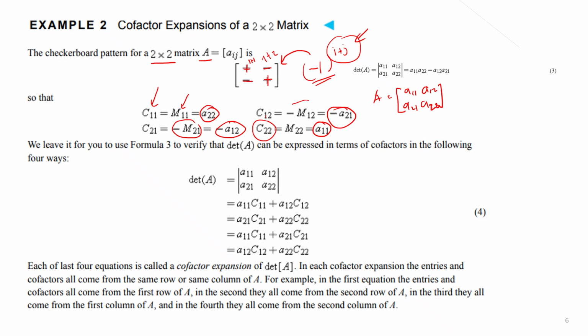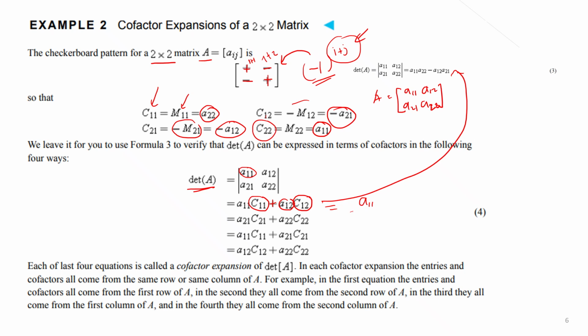Now, if you want to calculate the determinant of matrix A, which consists of these values, then the formula will be A11 multiplied by the cofactor of 1 1, plus A12 multiplied by the cofactor of 1 2. Or if we go back to the previous formula, it will be the same, right?